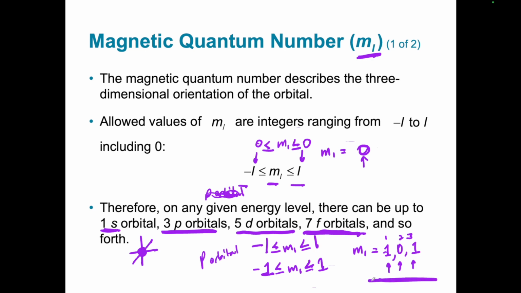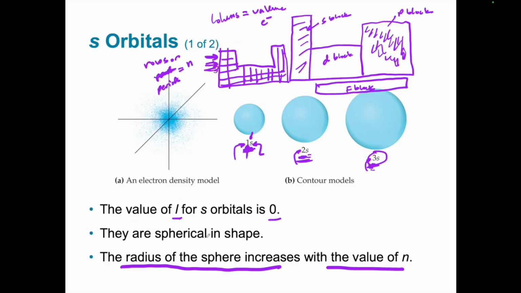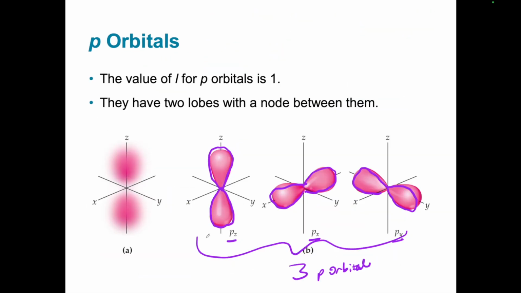And when we did the one for the p orbital, we saw there are the 3 different orientations right here, 3 different p orbitals. And so that's why it's kind of cool that we are able to see what these shapes look like now and why there's only 3, and that's because there's only 3 real axes. And so that's why we have the px, py, pz orbitals, and it matches up with our m sub l prediction.